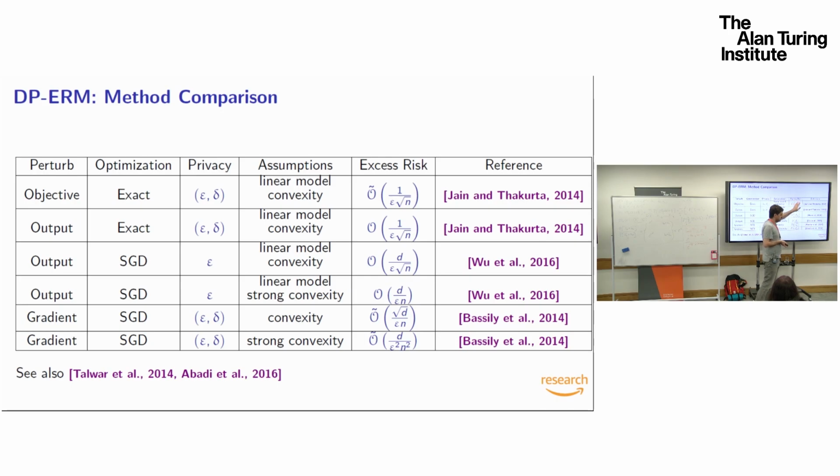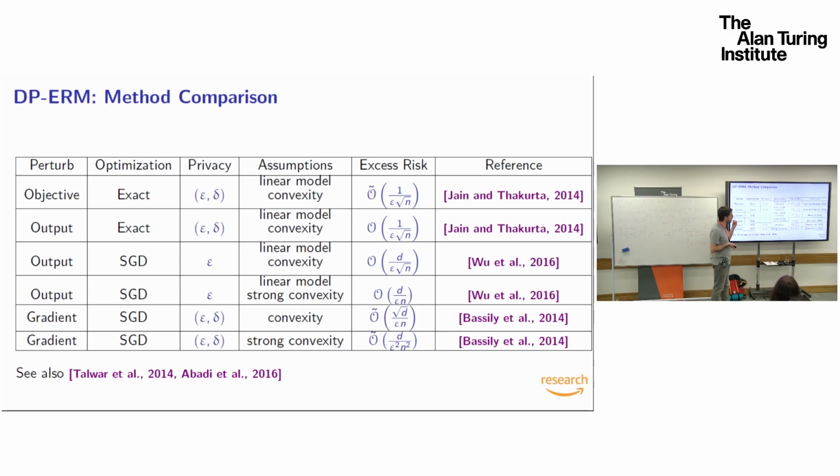The excess risk is the difference in prediction errors between running the algorithm without differential privacy versus running it with differential privacy. It is equivalent to that 1 over epsilon n that I had in the Laplace mechanism, or 1 over epsilon square root n that I had in the randomized response. So it's a measure of utility.